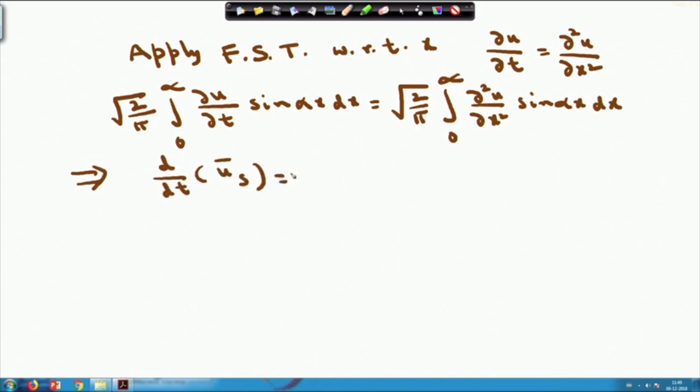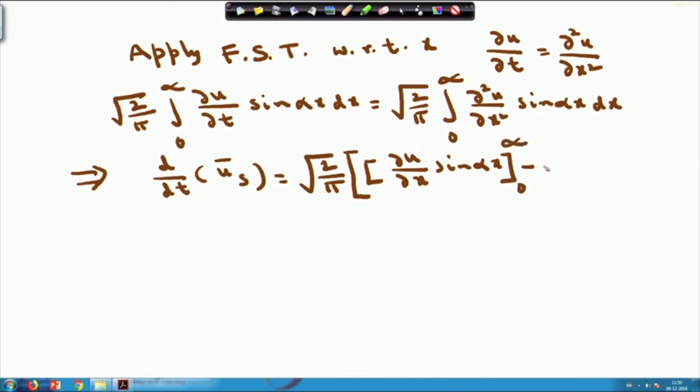equals, now I have to integrate the right-hand side integral by parts, so I am writing it directly. The first part will be ∂u/∂x into sin(αx) from 0 to infinity, minus α into the integral 0 to infinity of ∂u/∂x into cos(αx) dx.